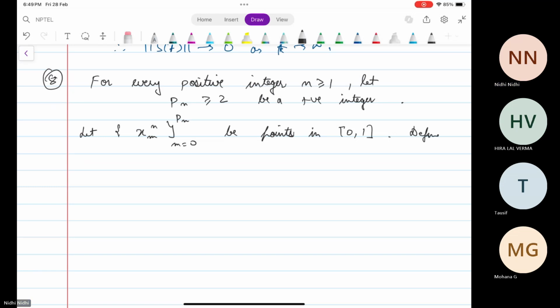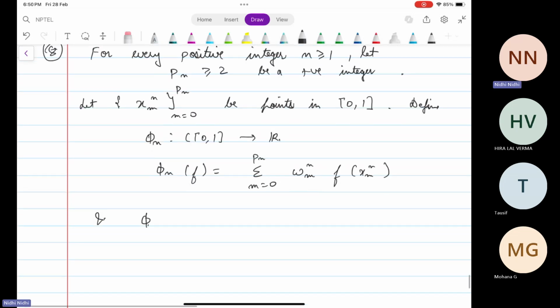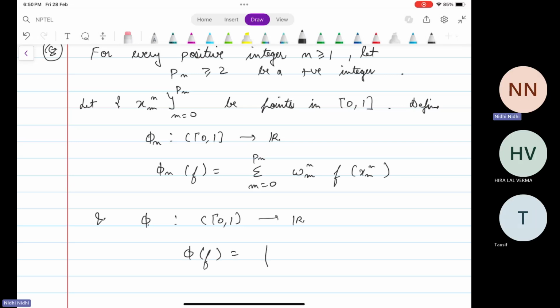Define phi_n from C[0,1] to R as phi_n(f) equal to summation m from 0 to P_n of w_mn f at x_mn, where w_mn are just some real numbers, and we define phi, again from C[0,1] to R, such that phi(f) is equal to the integral from 0 to 1 of f(t) dt.